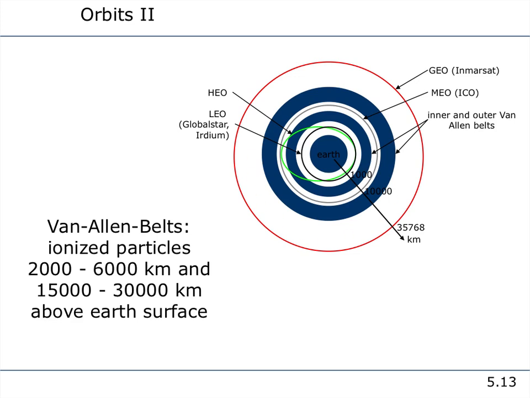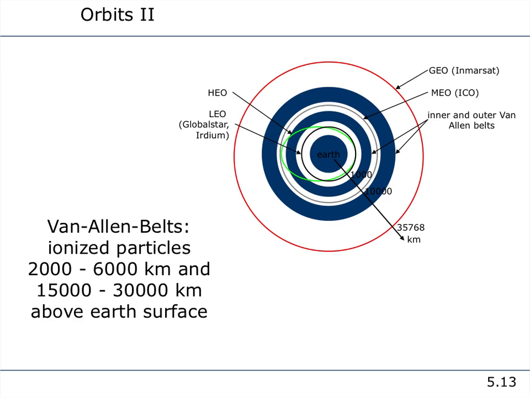If you remember from geography, in primary school or something, we have the Earth, of course, and there is what we call the Van Allen belts. There are some particles that really block any type of communication. That's why these elliptical orbits are very tricky, because they actually have to cut through the Van Allen belts, and in that case, in this part, for example, you cannot have communication.